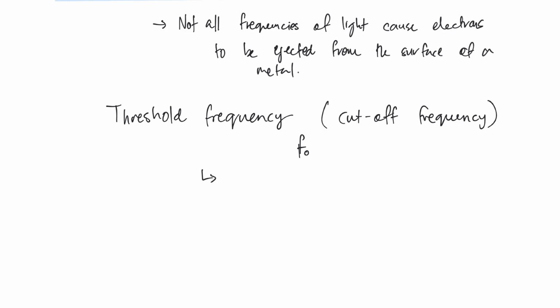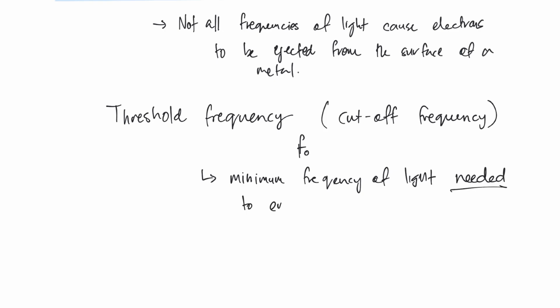The threshold frequency is the minimum frequency of light needed, that's important, to emit electrons from a certain metal surface. So minimum frequency.